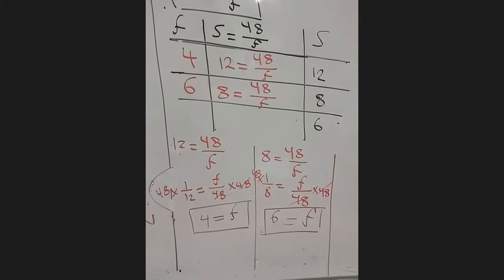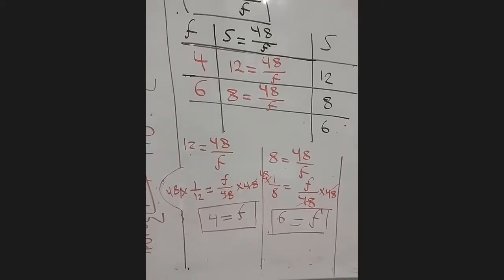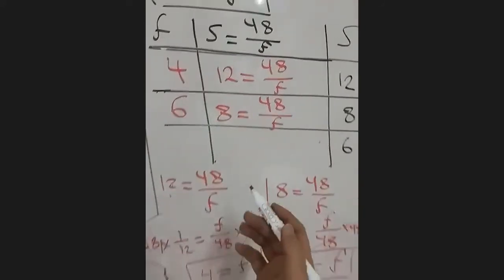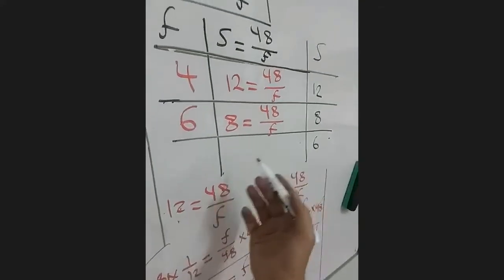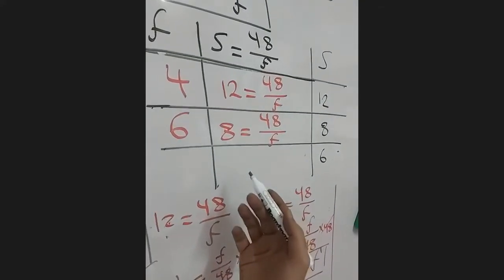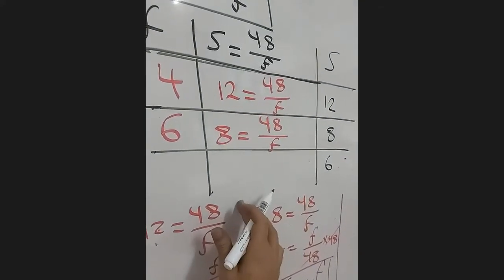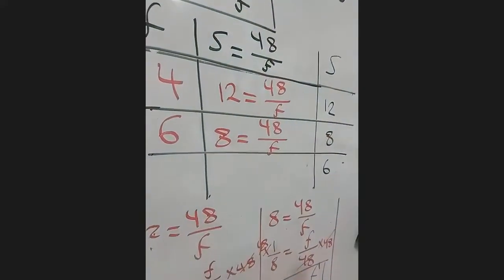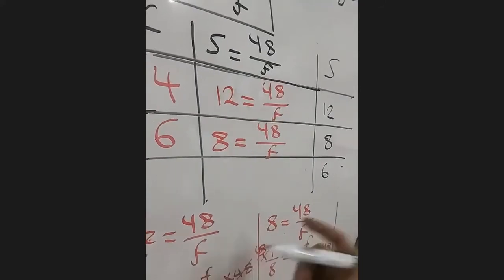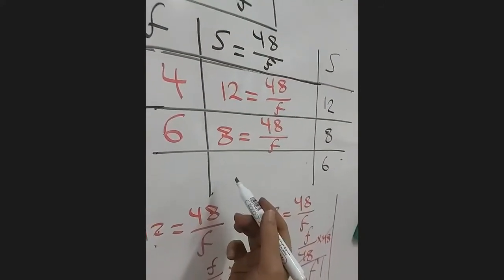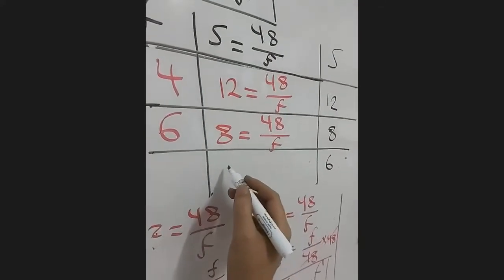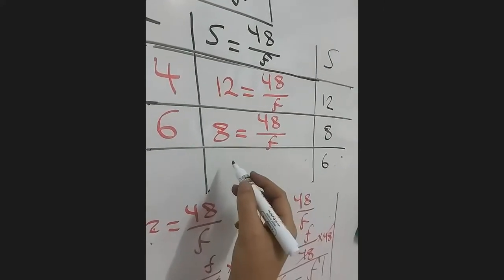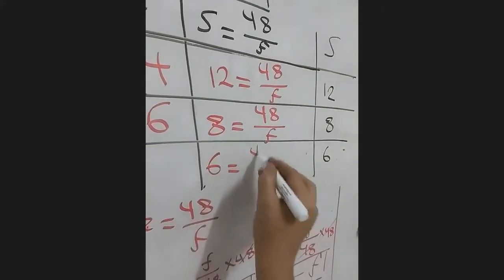Yes, we will replace it with 12. What will I write? 12? We finished the 12 and we finished the 8. Where are you? What will I write? 6. Tell me what to write. 6 equal 48 over f.